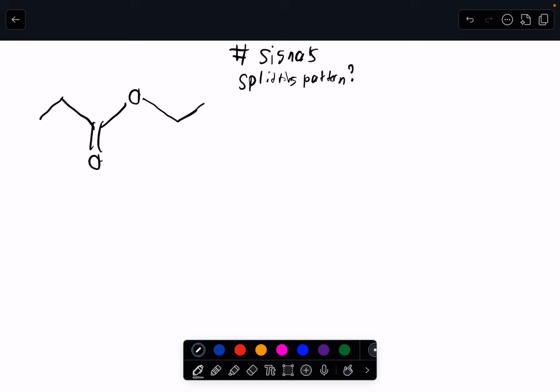Over here we don't really have any dash chlorines or wedge chlorines, dash bromines. All we have are the oxygens, which are in plane, so they're not going to pose any threat to the protons.